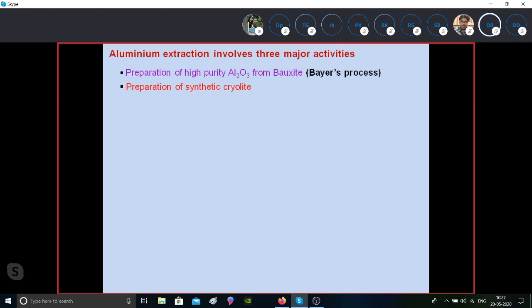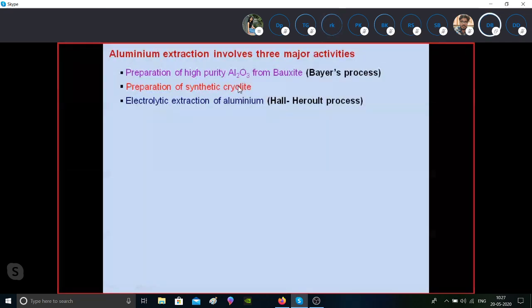And the third stage is electrolytic extraction of aluminium using the Hall-Héroult process, which of course involves identification of cryolite as my electrolytic media. This cryolite is part of the Hall-Héroult process. So we will touch upon all three steps one by one.